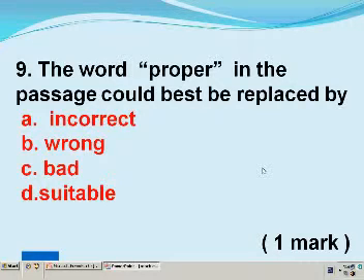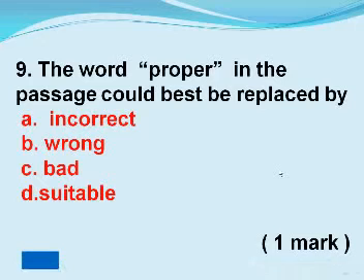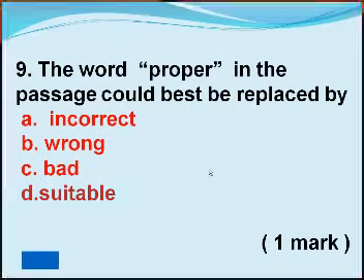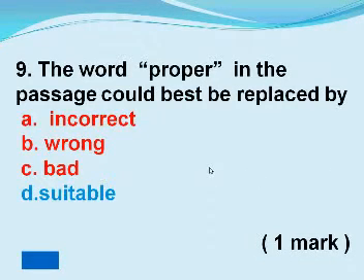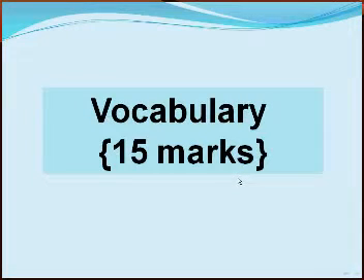Okay, because we got the impression it's something positive, something good. So the only one that applies here, of course, is suitable. Suitable. Very good. So proper means suitable. And that's the end of the reading comprehension questions.